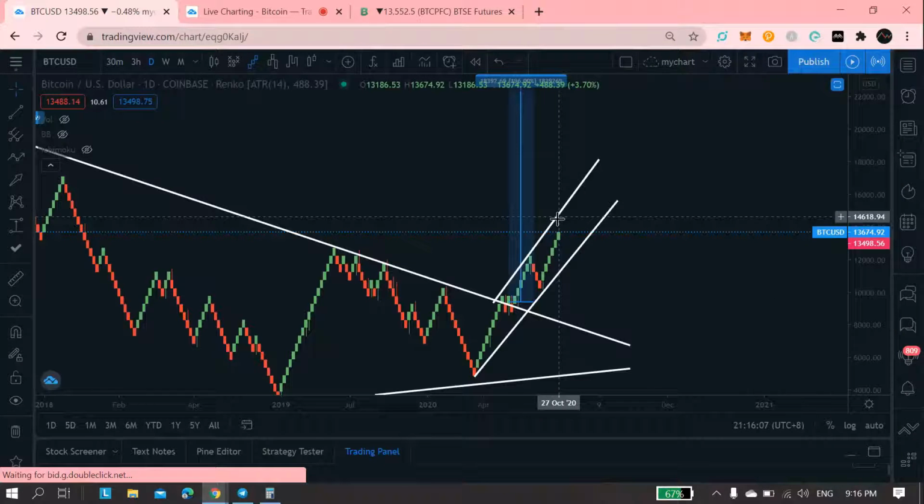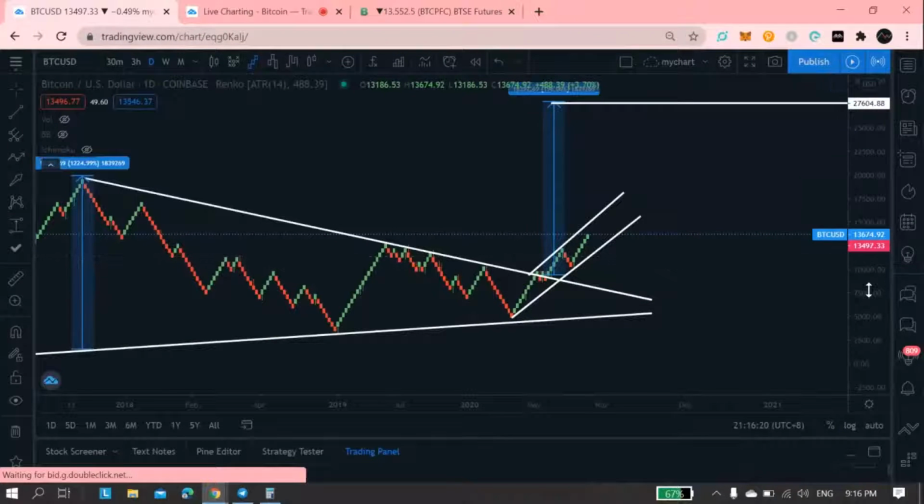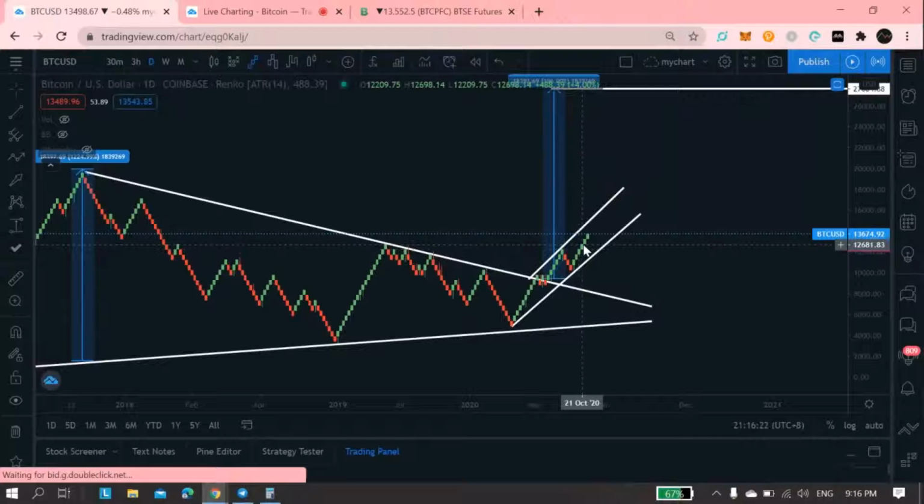So this is the possible next target that will possibly retest this resistance area. And if you look at it, generally it's still an uptrend.